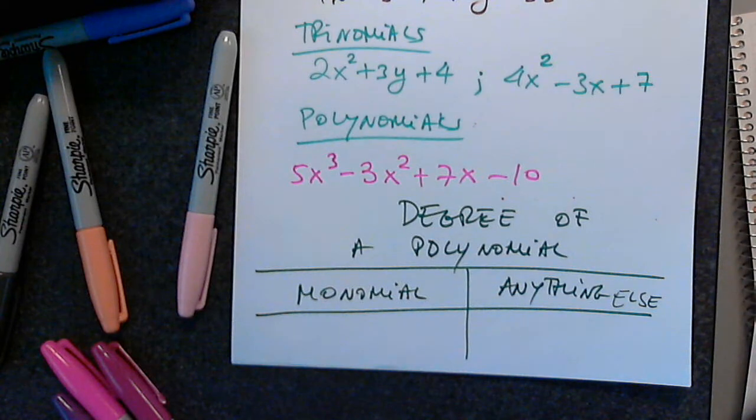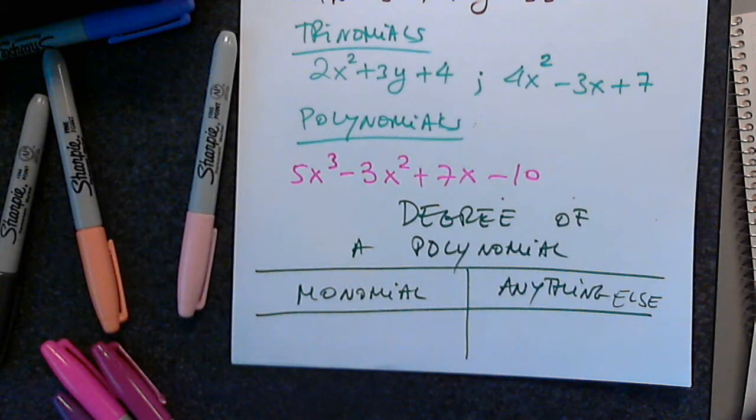So the degree of a polynomial depends on if it's a monomial or anything else. Number 1, why is it so important? Why do I need to know, for a monomial, binomial, trinomial, polynomial, why would I need to know the degree?